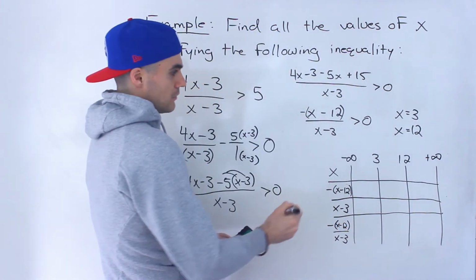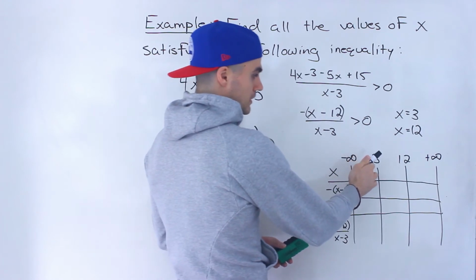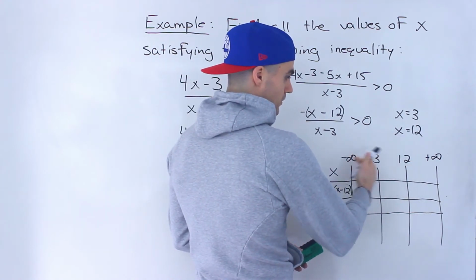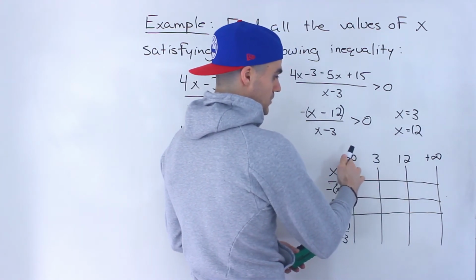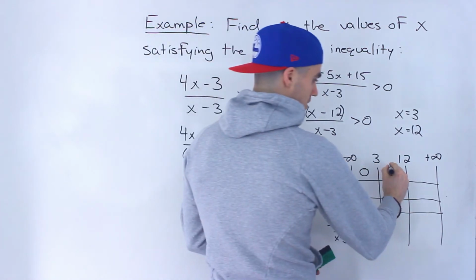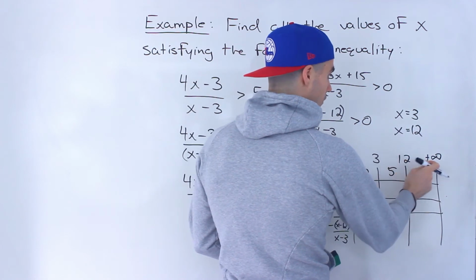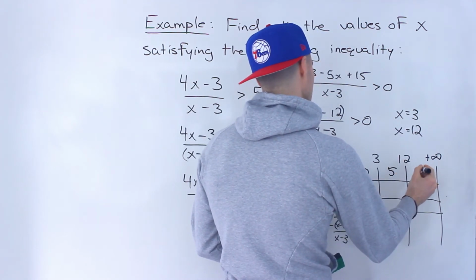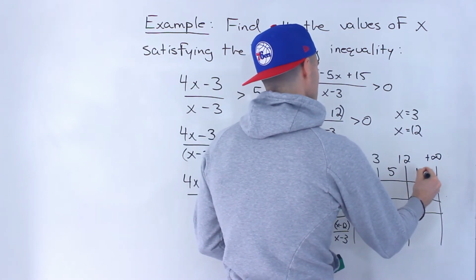All right, so now we pick x values between each of these intervals. Between negative infinity and 3, we could pick 0. Between 3 and 12, let's pick 5. And between 12 and positive infinity, let's pick 15.